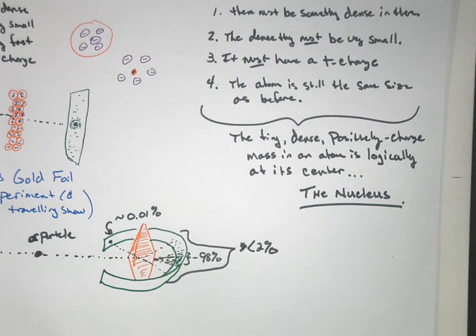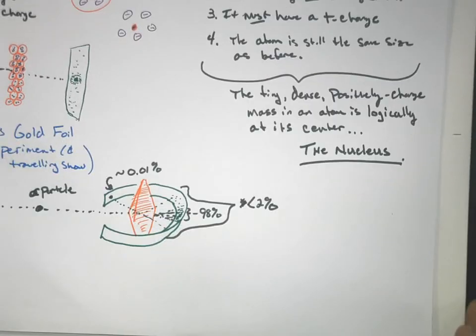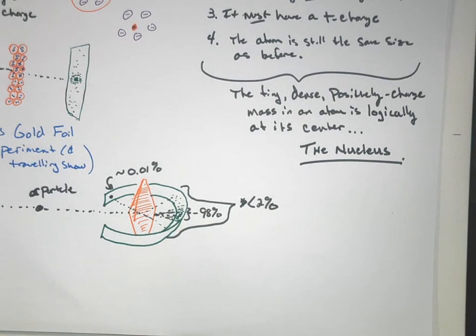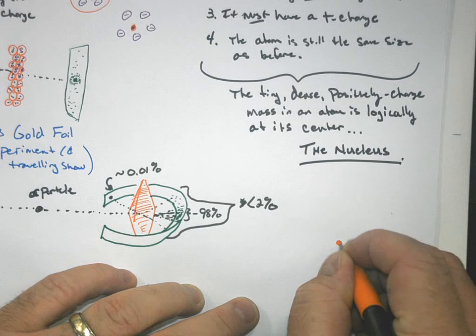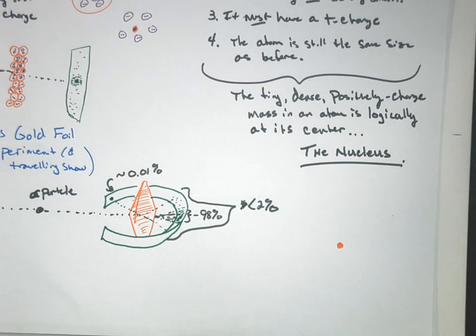And so now we have the Rutherford model of the atom, and at the center is this tiny positively charged particle.